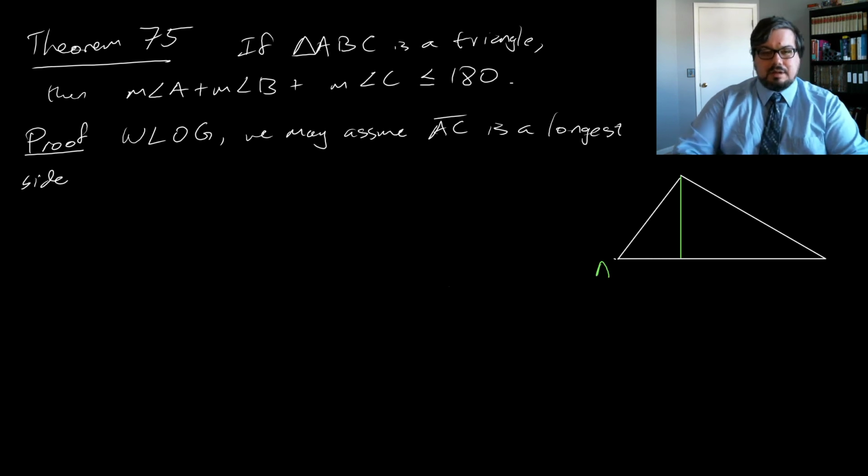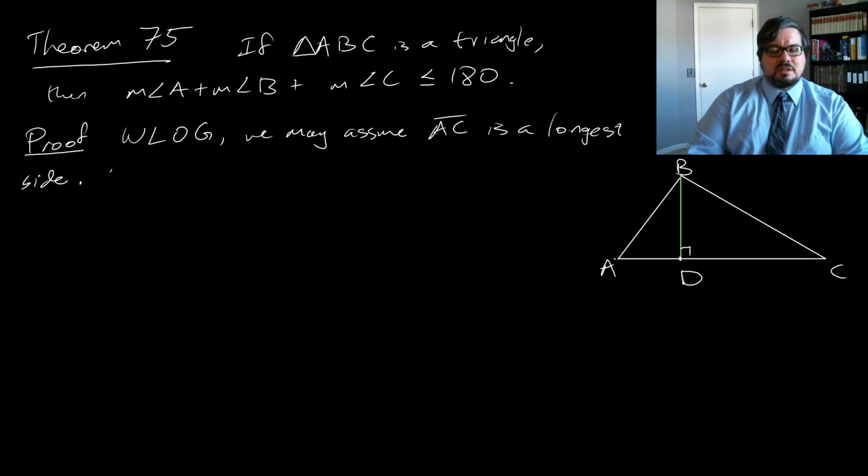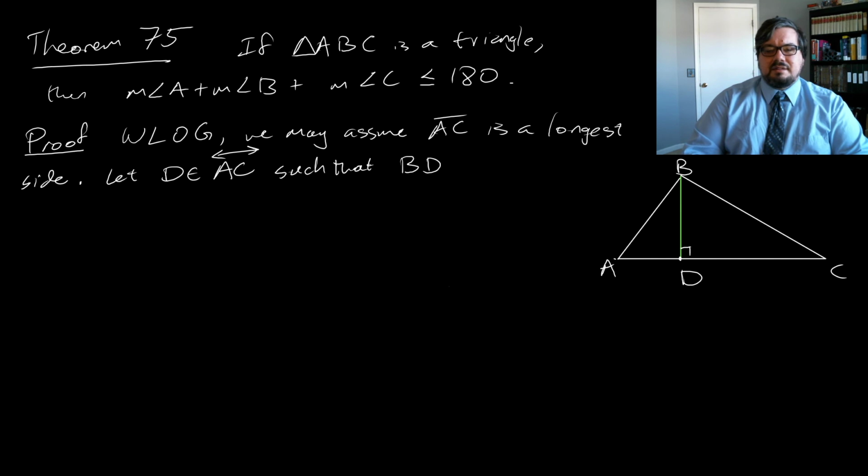So we've got A, B, C, and we're going to drop down a point D like we did before. Let D be in the line AC such that the line BD is perpendicular to the line AC.